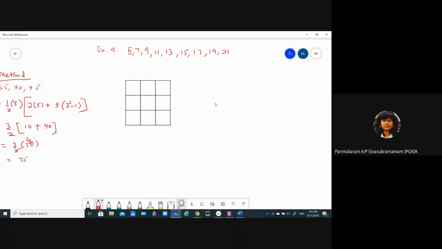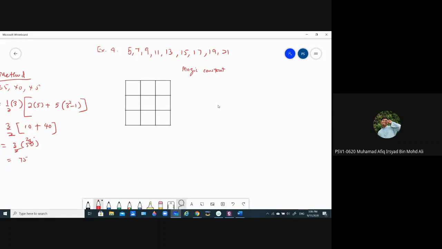So first step is calculate your magic constant. I got 39. What is your magic constant? What is your a? 5.